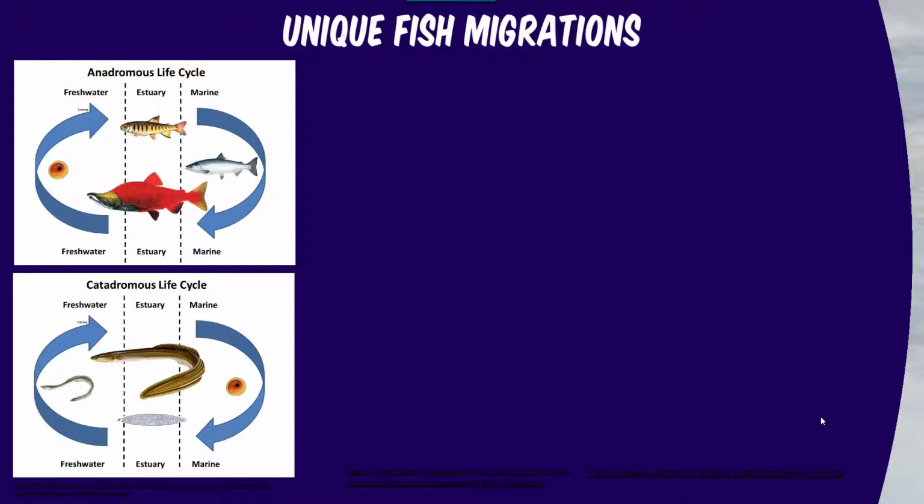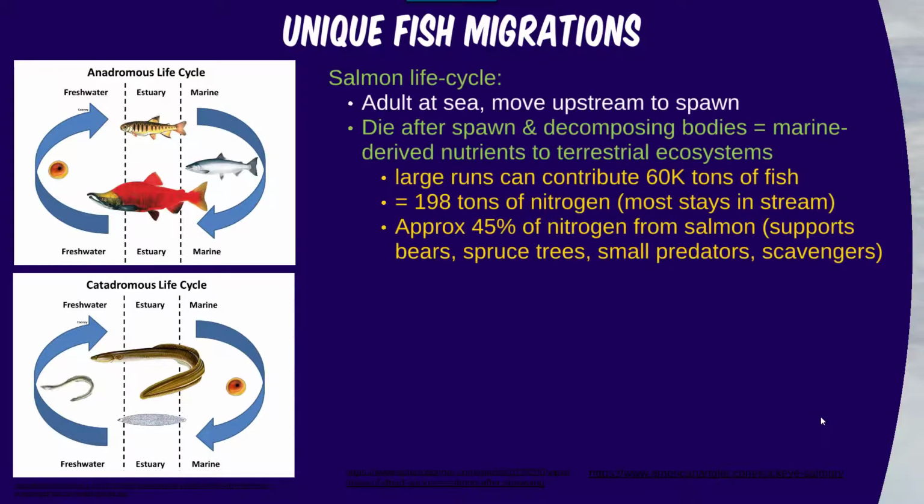The first is the anadromous life cycle, where fish that are born in freshwater ultimately migrate to an estuary until they're adult size and then live most of their adult life in a marine environment, returning to freshwater in order to lay their eggs. And the opposite is true in a catadromous life cycle, wherein they are born at sea and then migrate as adults to a freshwater environment.